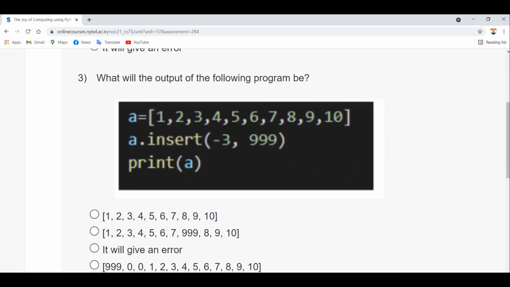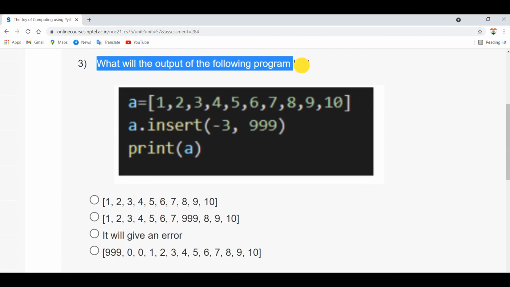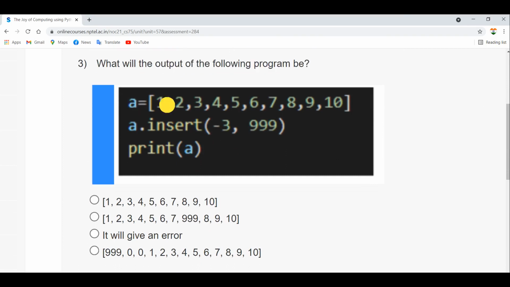Next, question number 3. What will the output of the following program be? This is value A. Insert this, printed.